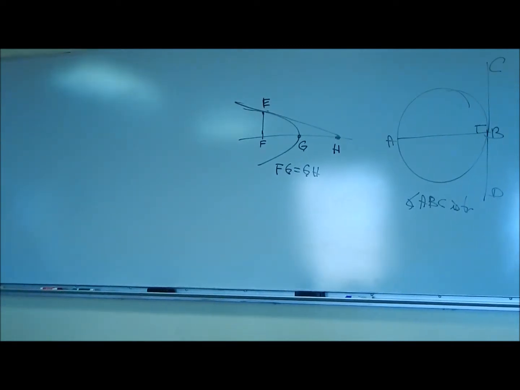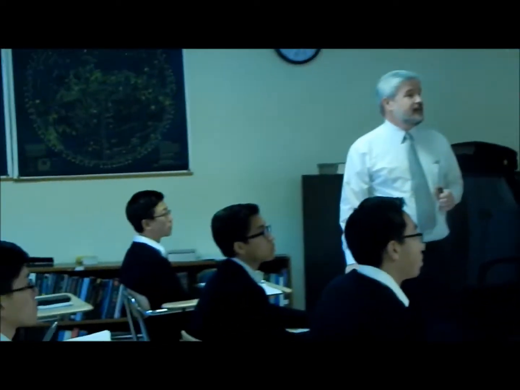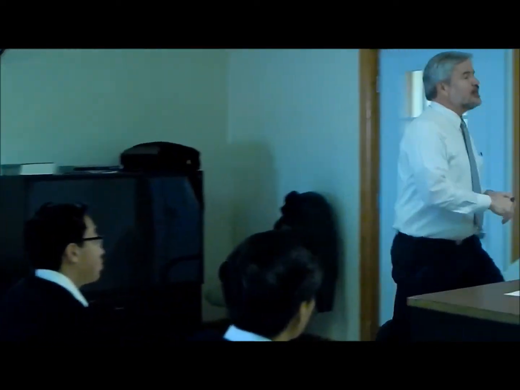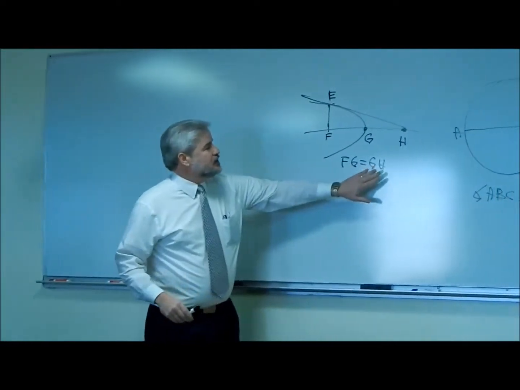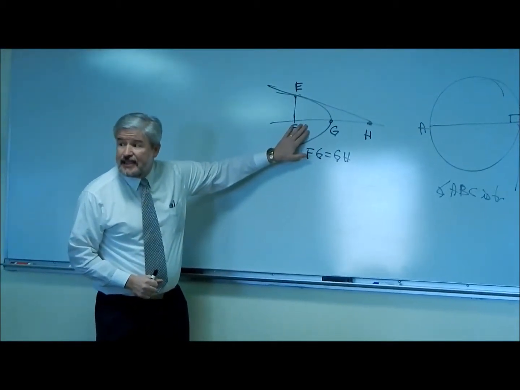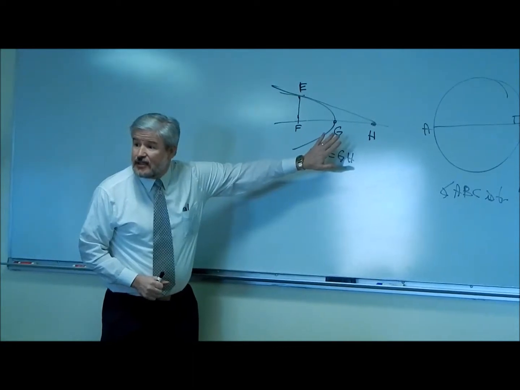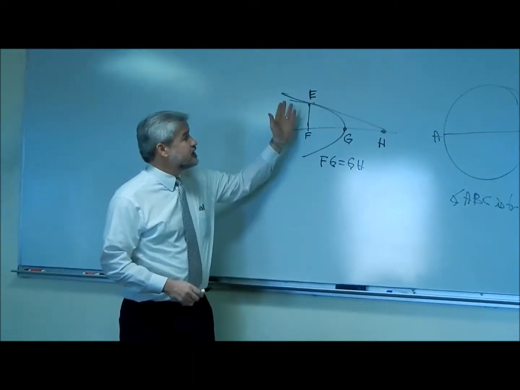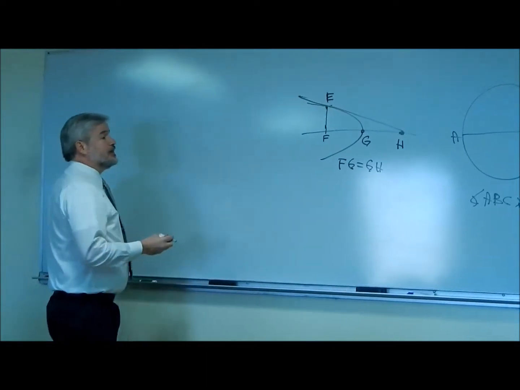Nice and loud there. EH is a tangent? Yeah, EH is going to be tangent. So EH is a tangent if FG is equal to GH, if the ordinate equals the diameter produced.